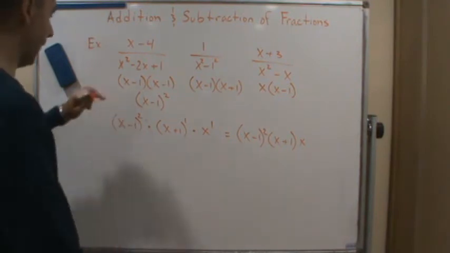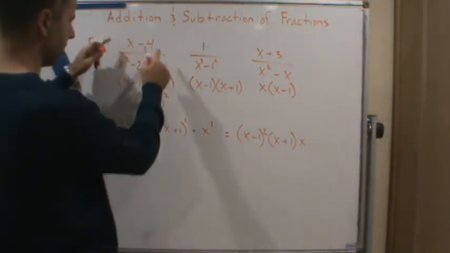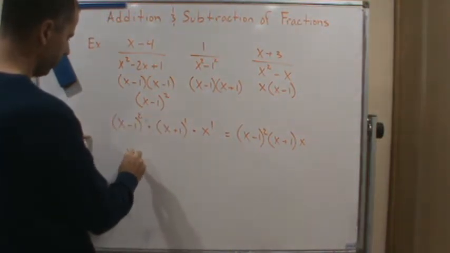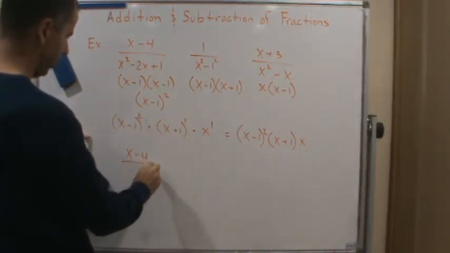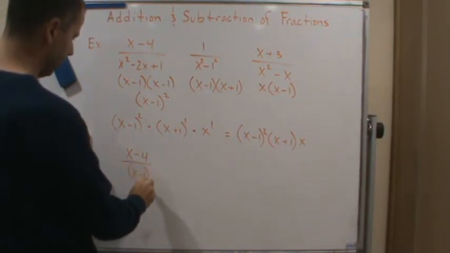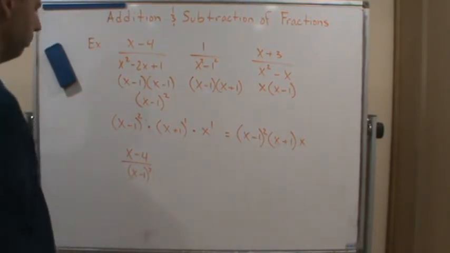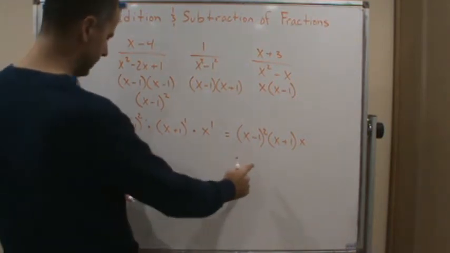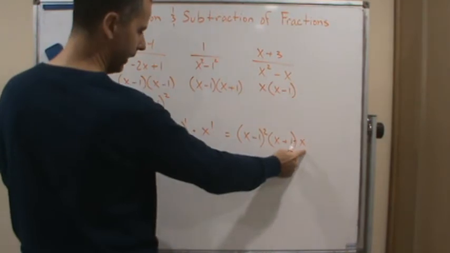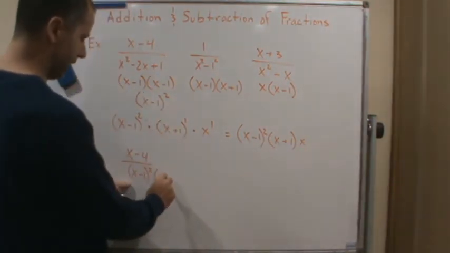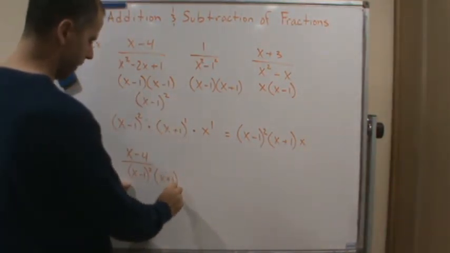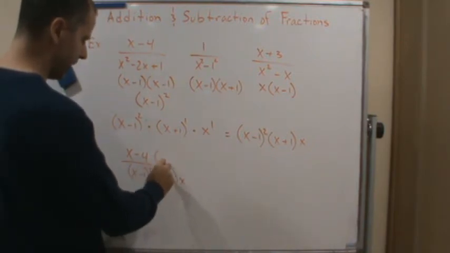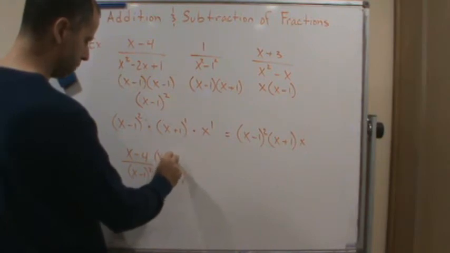So again, how do we do this? What's missing from the bottom here? If we take the x minus 4 over x minus 1 squared, what do we need? Well, we're missing an x plus 1 and an x. So I need to multiply the bottom by x plus 1 times x. And if I do that on the bottom, I have to do it on the top.